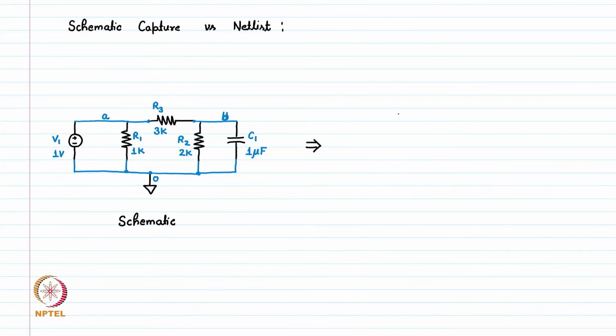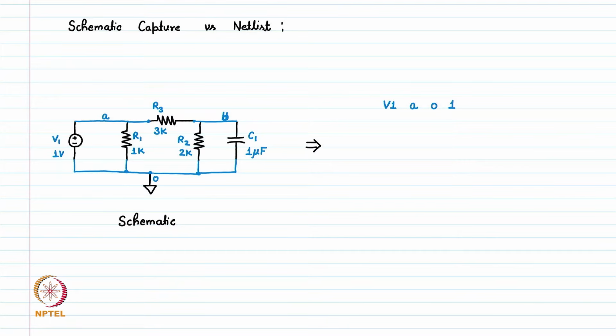So, how do we write this in the text format? This is V1, which is the name of voltage source. This is connected between node A and node 0, and the value of this voltage source is 1 volt, which is intuitive. So, this is the textual representation of this circuit.